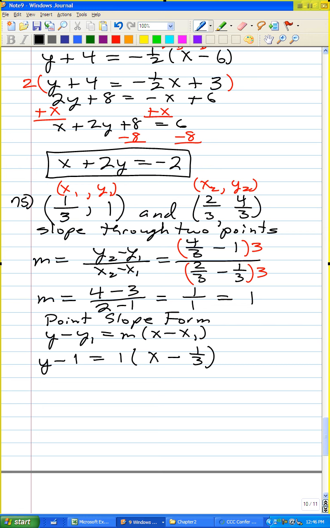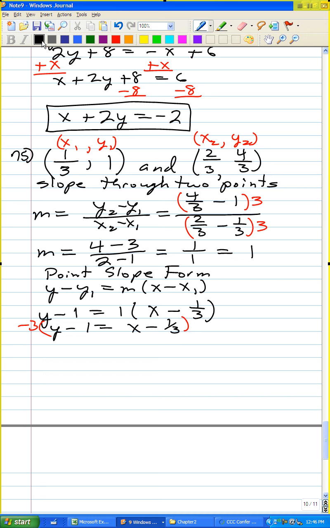And so I have here y minus 1 is equal to x minus 1/3. Let me multiply both sides of my equation by -3. And so if I do that, I get -3y plus 3 equals -3x plus 1.